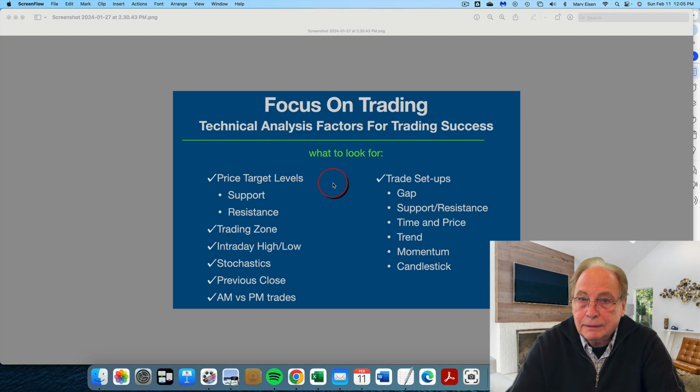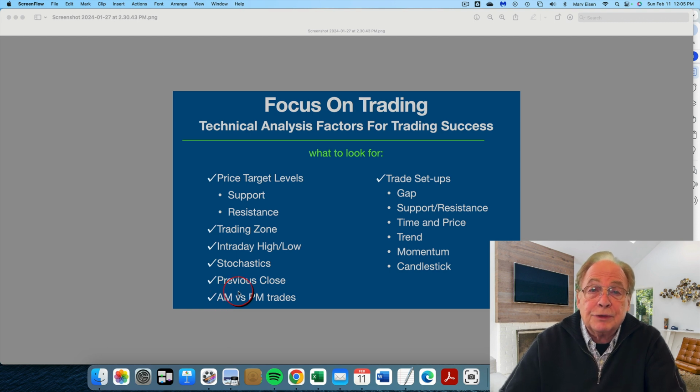Now when I trade and when I teach trading, I focus on trading price numbers, price levels. And what are those price levels? Support and resistance, the trading zone, the intraday high and low, the stochastics, the previous day's close, and the morning versus the afternoon trades. Now, how do I trade these numbers?